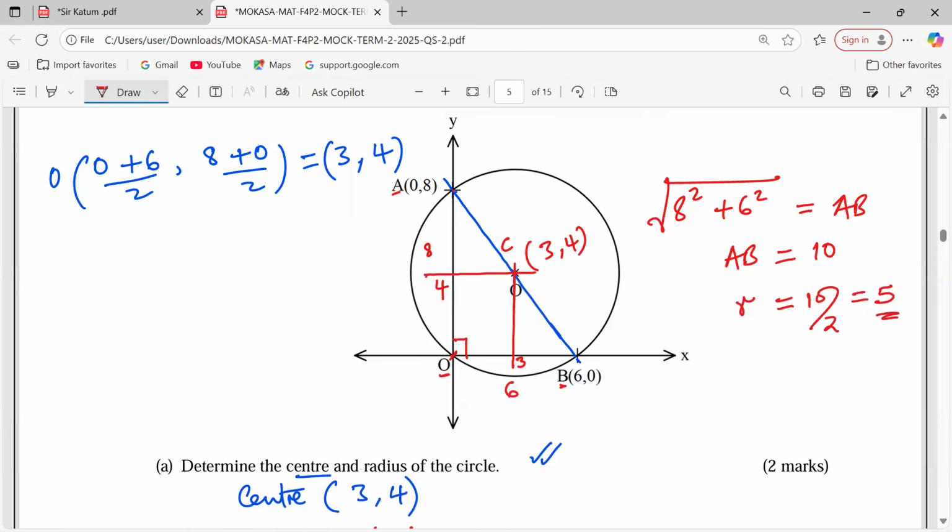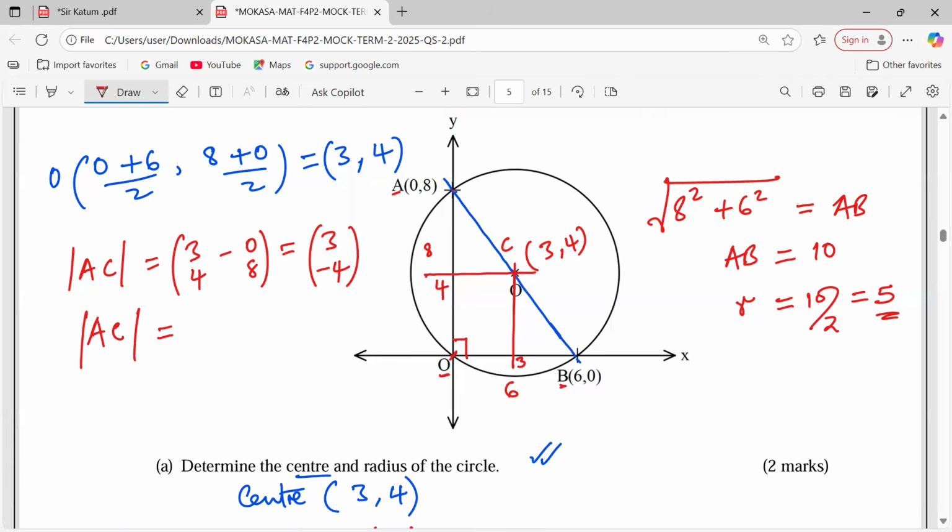So we can briefly explore that approach, whereby we take the magnitude of vector AC. We first get vector AC: 3, 4 subtract 0, 8. This is going to be 3 and negative 4. Then to get the magnitude, we need 3 squared plus negative 4 also squared, then we take the square root.